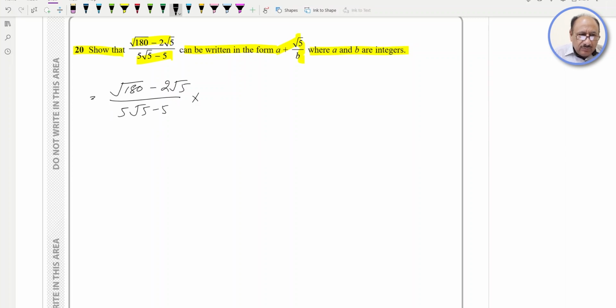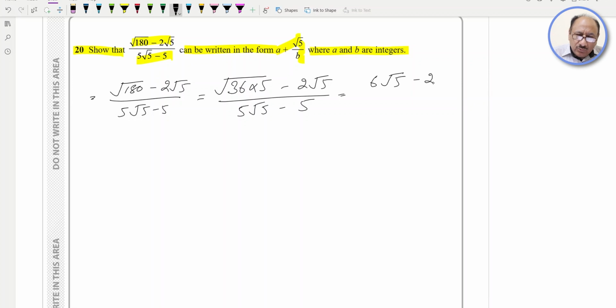We can write root 180 as root of 36 into 5, and minus this one as it is, over 5 root 5 minus 5, and root 36 can be written as 6, so 6 root 5 minus 2 root 5 divided by 5 root 5 minus 5.